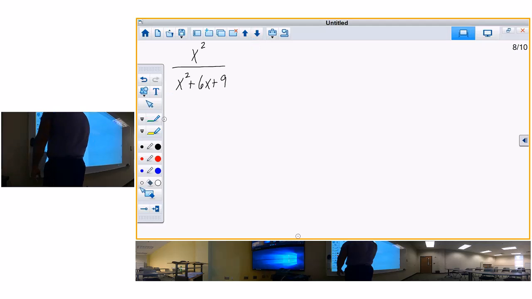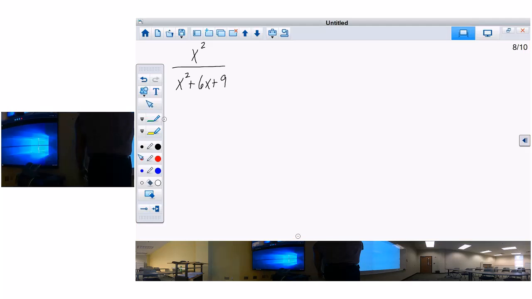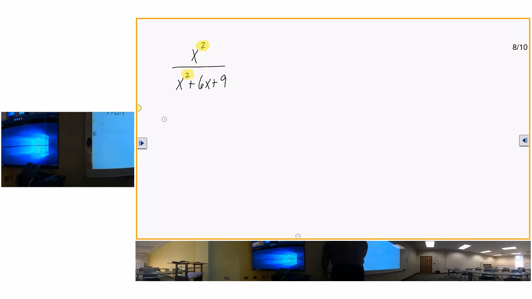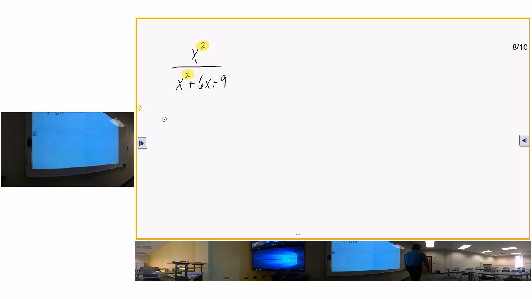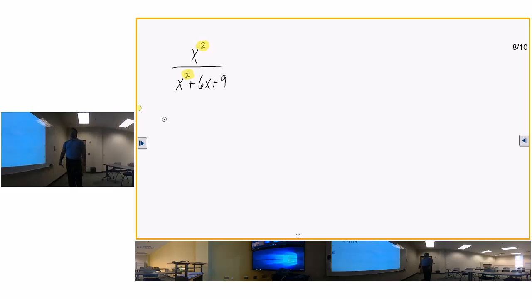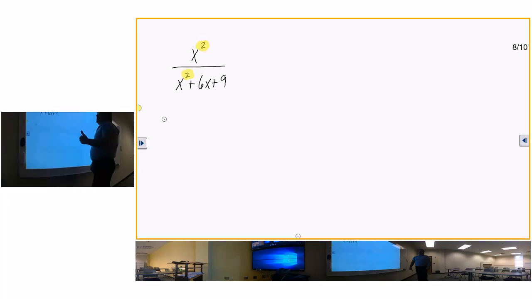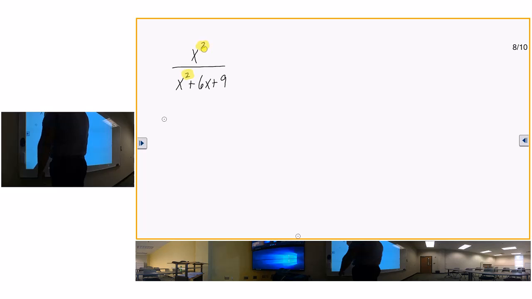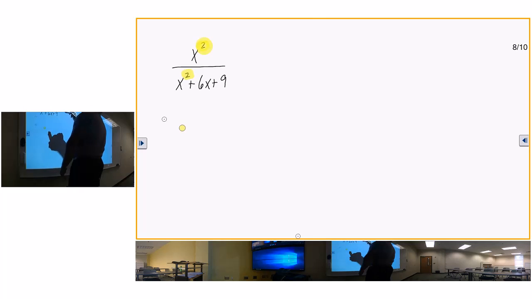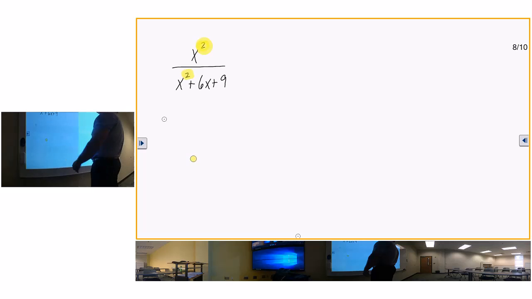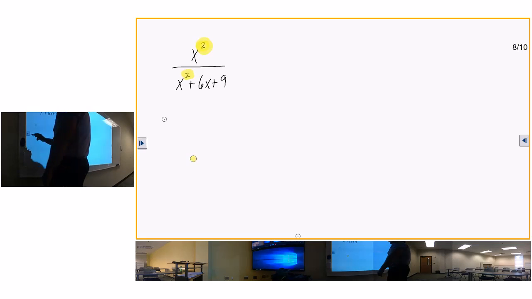Look at here. The degree is the same. If the degree of the numerator and the denominator are the same, you can use long division. Or if the degree of the numerator is more than the degree of the denominator, if this was an x cubed, or x to the fourth, or x to the fifth, you could divide. So I got to use long division.